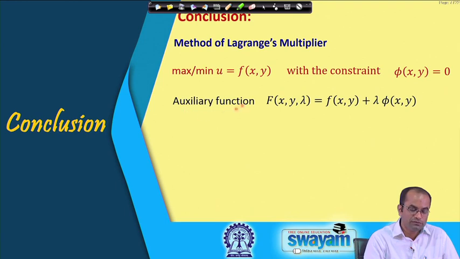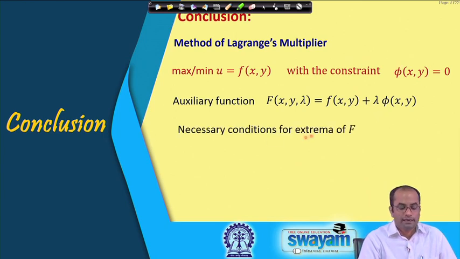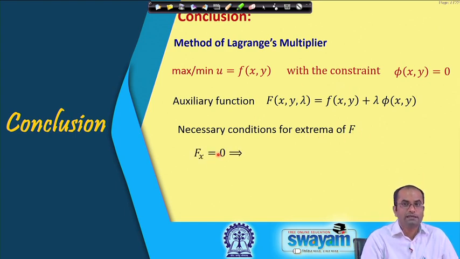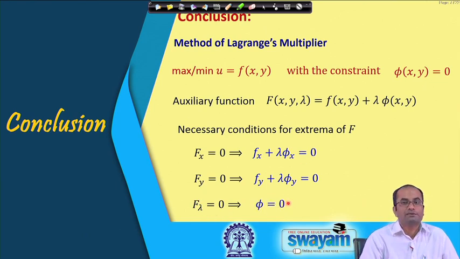The idea is to formulate an auxiliary function here by introducing this lambda in front of this phi, and then the necessary condition for extrema of this F will be setting F x equal to 0, and then F y equal to 0, we get another equation, and F lambda equal to 0, we get phi x y is equal to 0. So, out of these three equations we have to find all the points, meaning this x, y and lambda.